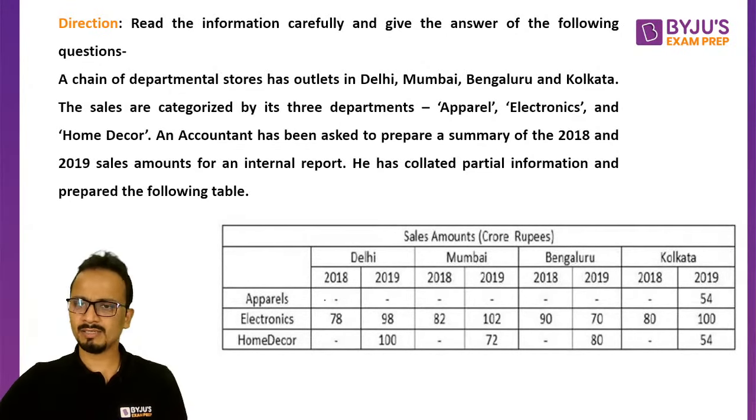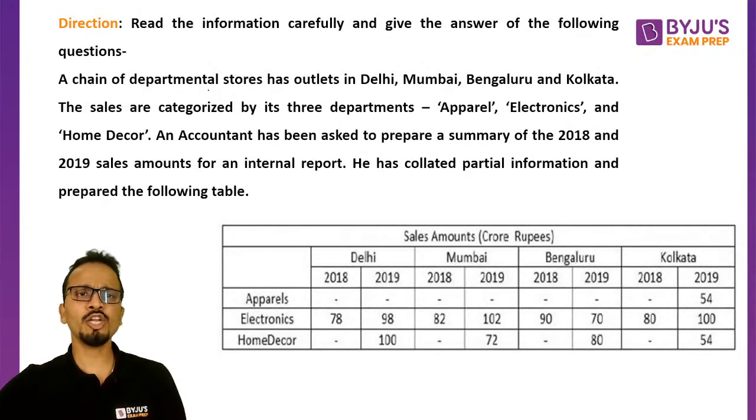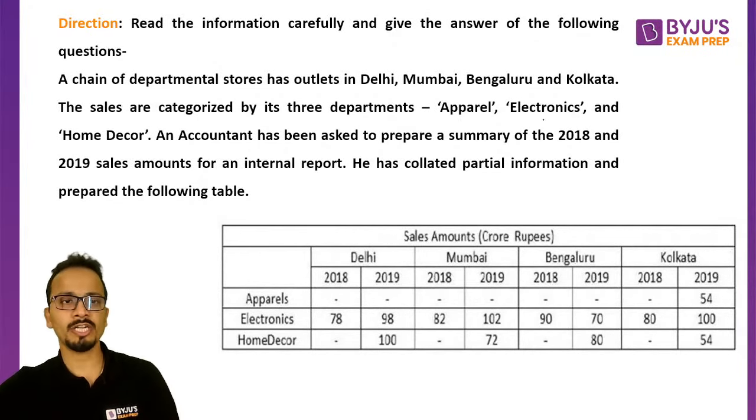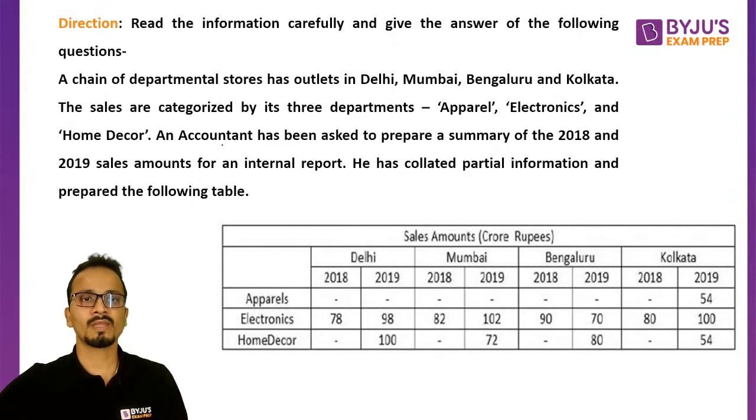Now there is a table that is given. A chain of departmental stores has outlets in Delhi, Mumbai, Bangalore and Calcutta. The sales are categorized in 3 departments: apparels, electronics and home decor. An accountant has been asked to prepare a summary of 2018 and 2019 sales amounts for an internal report.